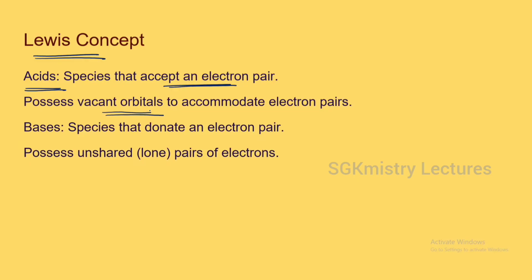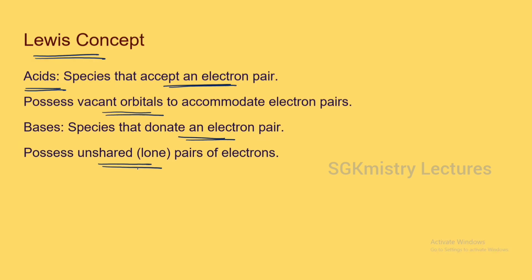Bases are the species which have a tendency to donate an electron pair or electron pairs. They can donate these electron pairs because they have unshared electron pairs, or lone pairs of electrons, on the atoms.